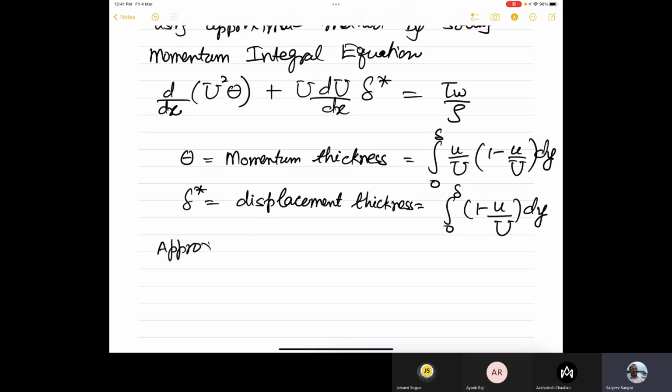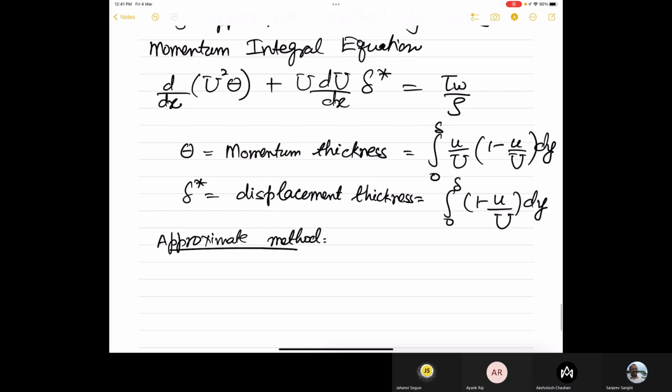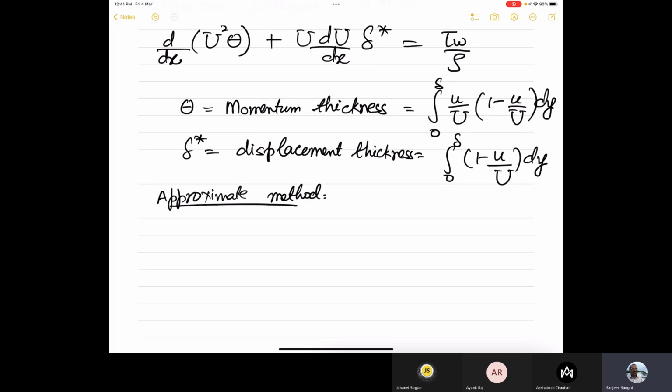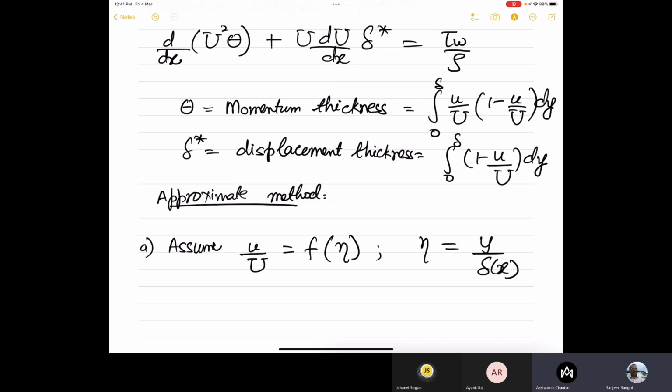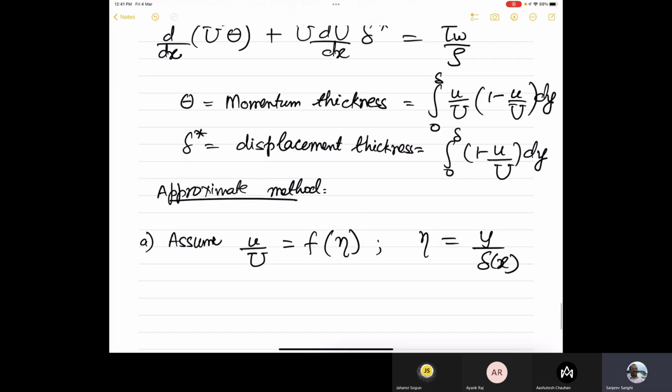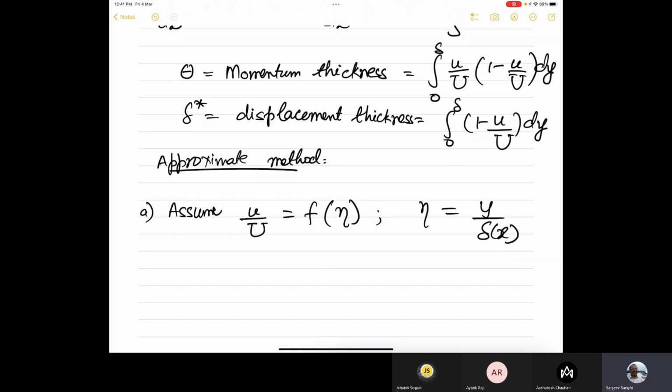What does the approximate method say? First, we assume small u upon capital U is equal to f of eta, where eta is equal to y by delta of x. So we are assuming a similarity type of profile.